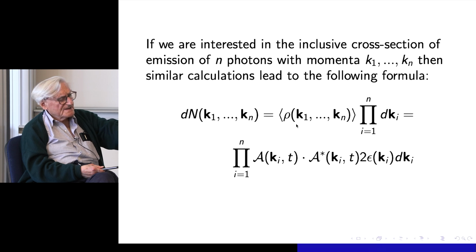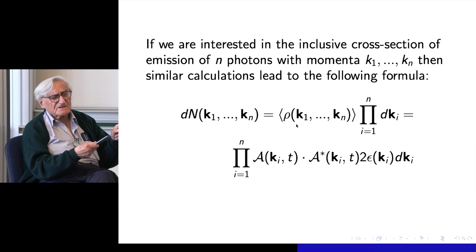So definitely here you have the cross-section of particles with momenta K1 through Kn, the inclusive cross-section. I do not look at other particles, but it also depends on the initial momenta that are embedded in the current.